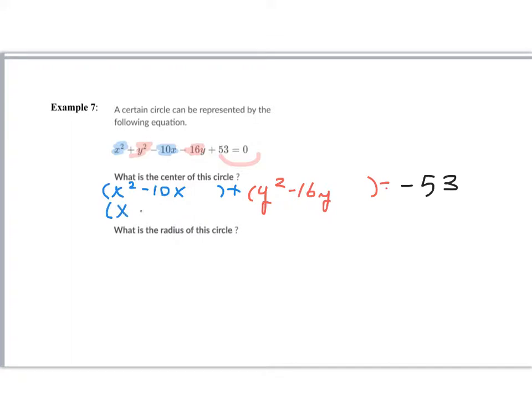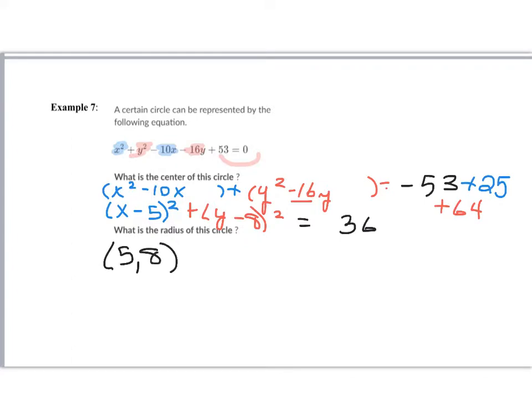So x minus 5 squared. -5 squared is 25. Okay, let's go to the next one. Plus y, and half of -16 is -8, and -8 squared is 64. So this is going to equal 36. So now we've got a center of 5, 8 with a radius of 6.